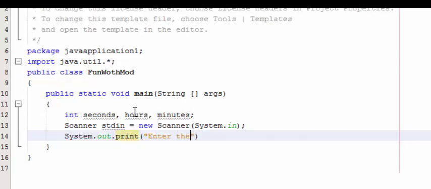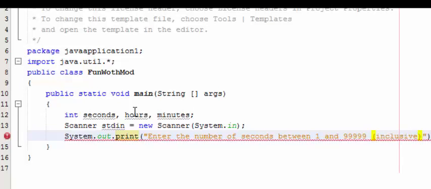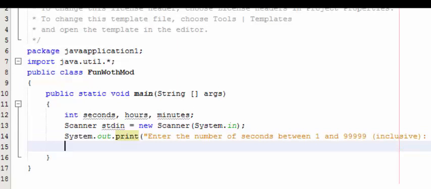And so if we're going to follow the specs, we need to have the words "Enter the number of seconds between 1 and 99,999", and we'll put "inclusive" so they know it's okay to enter 99,999, and we're going to do a colon and a space, and the space is to make it look pretty, so the input that they type in doesn't go right next to your words. And so there's your prompt, and then of course we have to capture it.